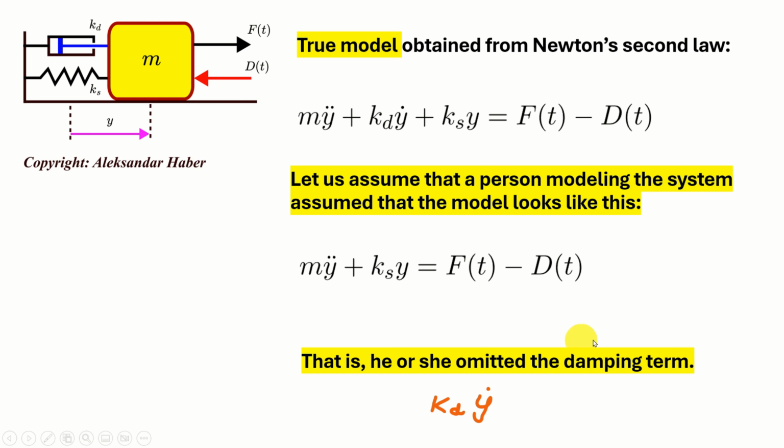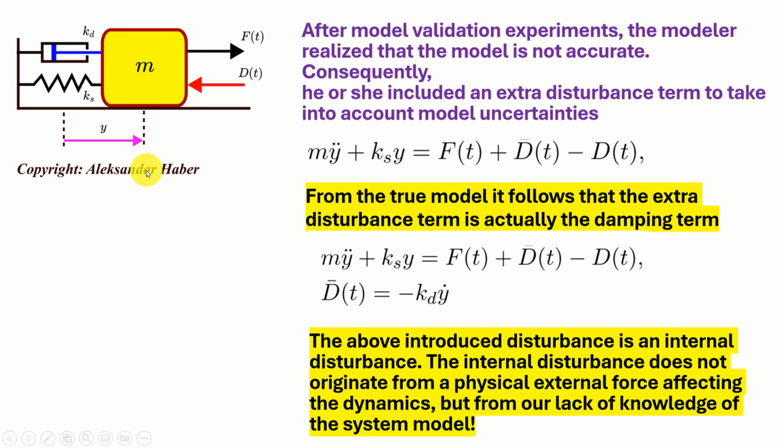Based on this information, you can argue about the validity of this model. What will happen once a user starts to simulate this model is that you will see that the oscillations are not being damped. This is because the model is missing damping over here. However, over here, due to the damping, the oscillations will die over time.